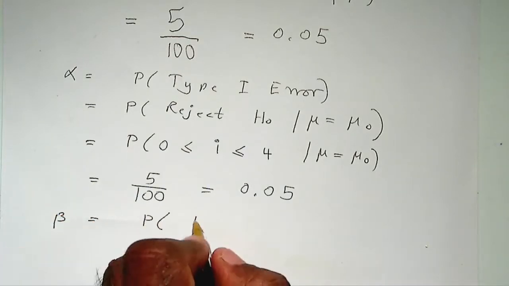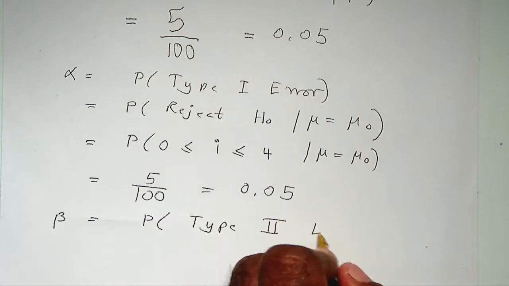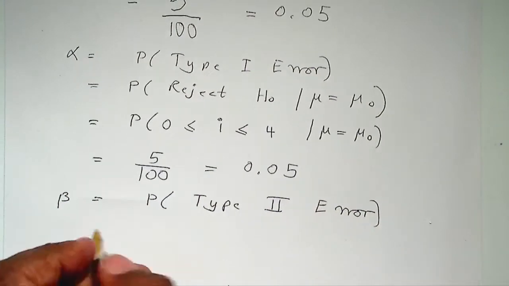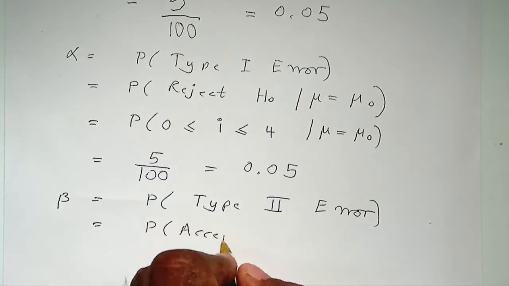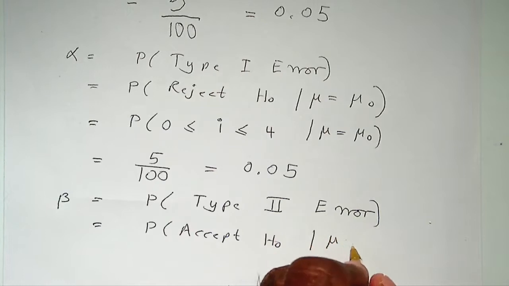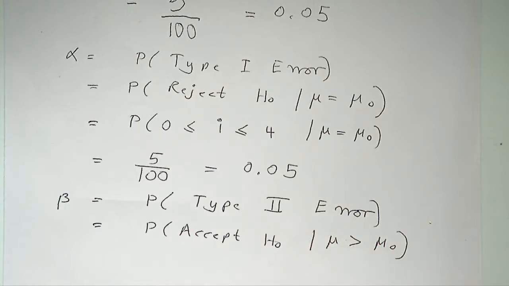Beta is the probability of type 2 error, which is the probability of accepting the null hypothesis given that H1 is true, right?